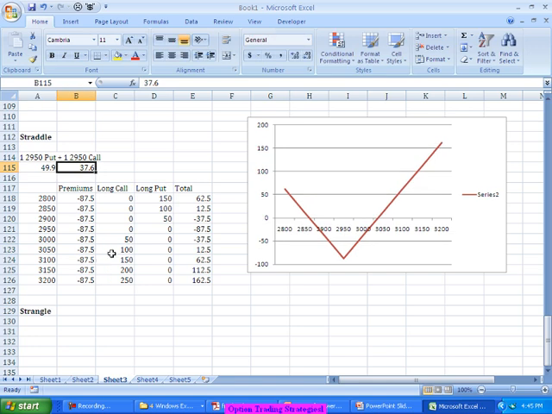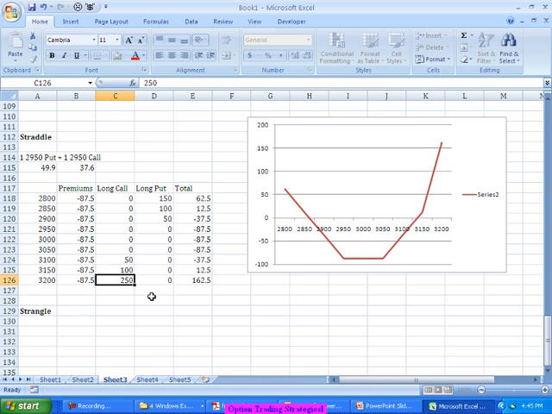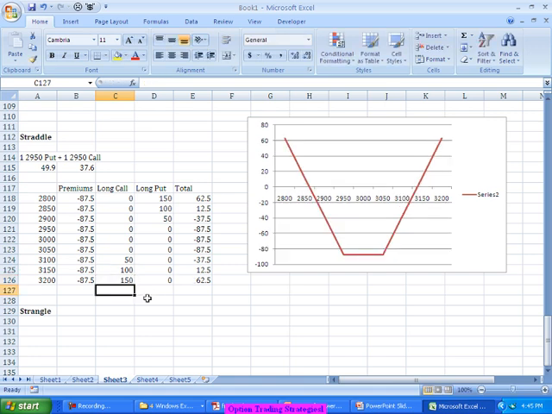And because I am going for a 3050 call, even at these places I will not exercise, right? Only from here the exercise starts. 50, 100, 150. This is a 3050 call. And similarly, let's assume that we are going for a 2850 put.